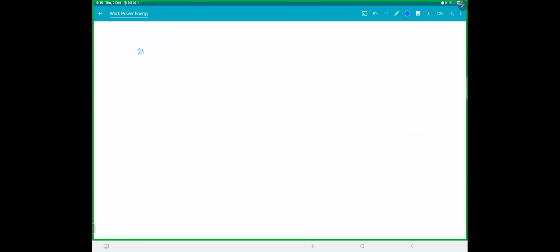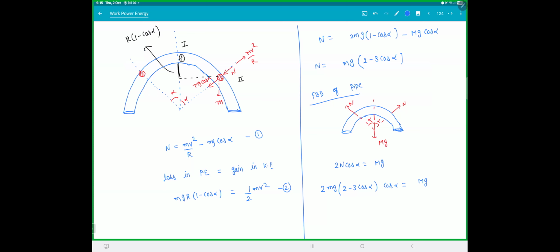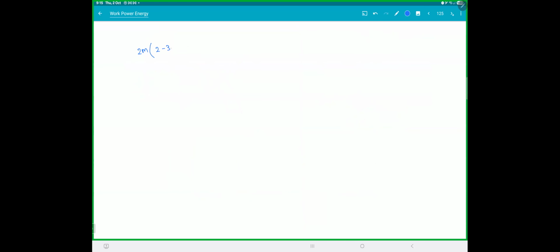This will be 2m (2 minus 3 cos alpha) is equal to capital M. 4m cos alpha minus 6m cos square alpha is equal to capital M. You get a quadratic in cos alpha. So then get the roots for this.